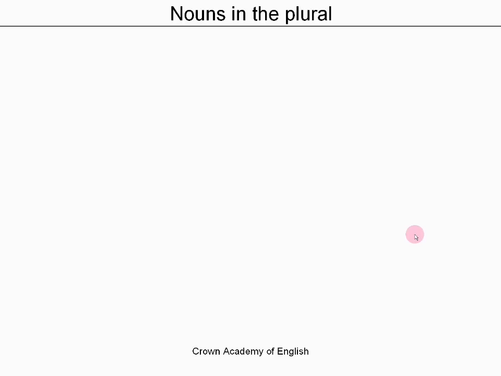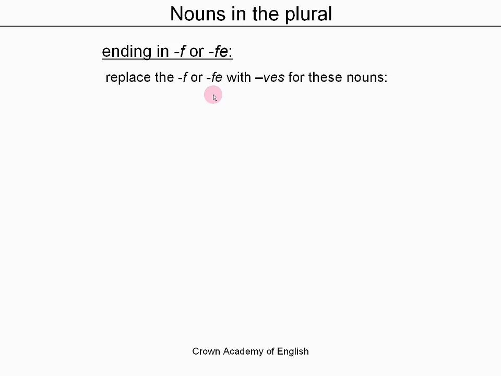Okay, and this time we are going to look at nouns which end in the letter F or FE at the end. Okay, so there are a list of nouns now that I'm going to give you, which you must learn because these are irregular.